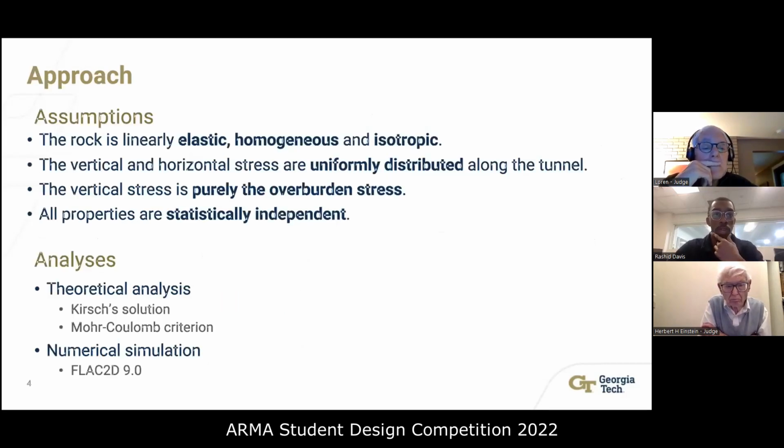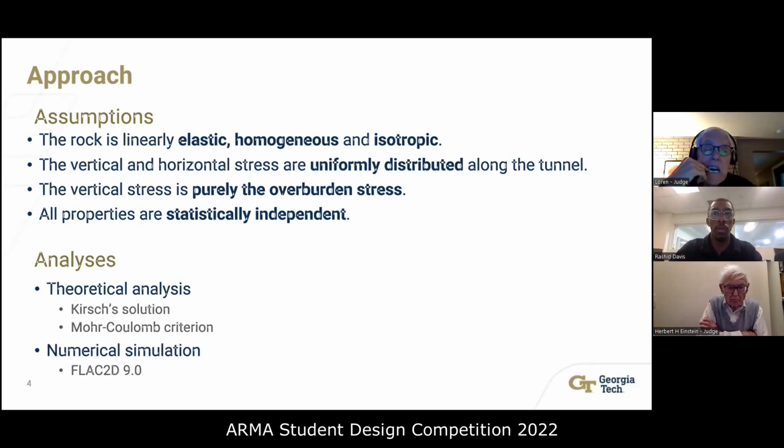These are some of the assumptions that we use for our problem. The rock we assumed was elastic, homogeneous and isotropic. The vertical and horizontal stresses are uniformly distributed along the tunnel. The vertical stresses are purely an overburden stress, and we also assume that the properties were statistically independent.